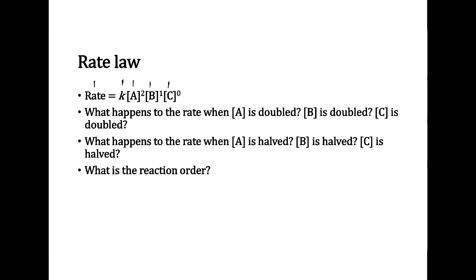Okay, so what happens to the rate whenever A is doubled? Well, if we're going to compare it to the initial rate, we can plug in, so we have rate is equal to K times, well now instead of being 1, A is now 2. So we'd have 2 squared times 1 times 1 to the 0th.